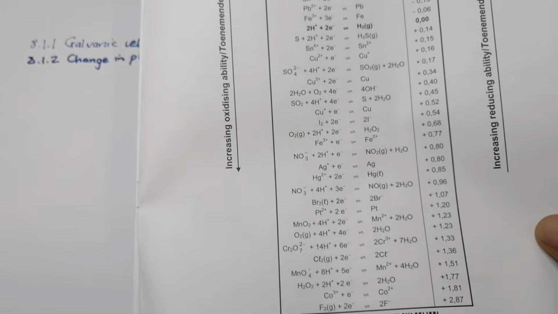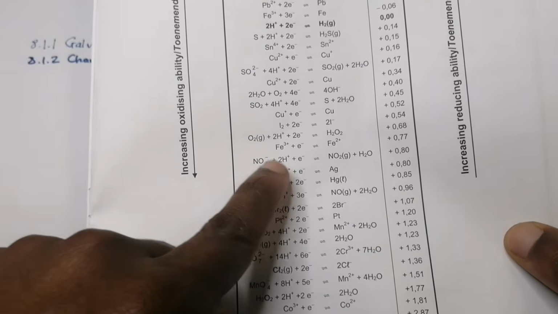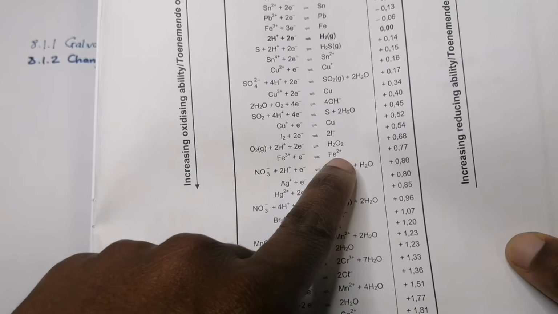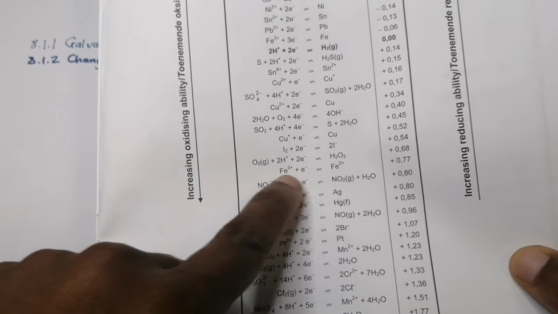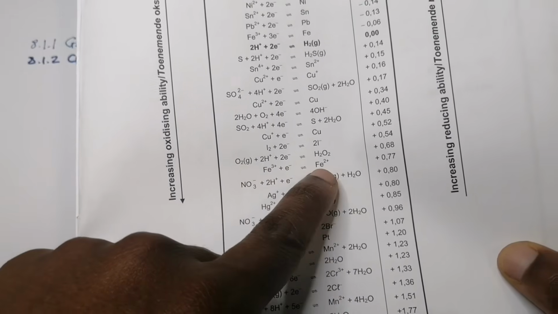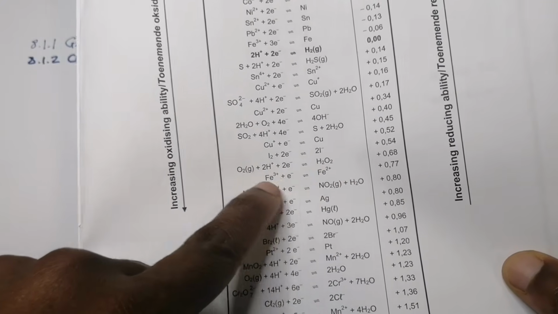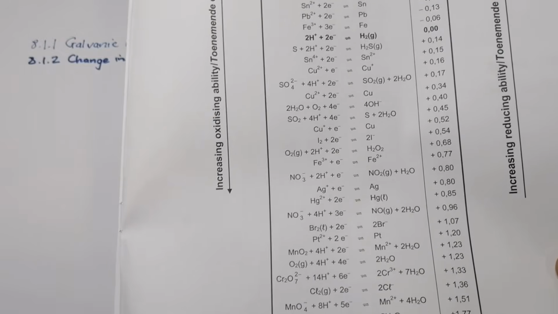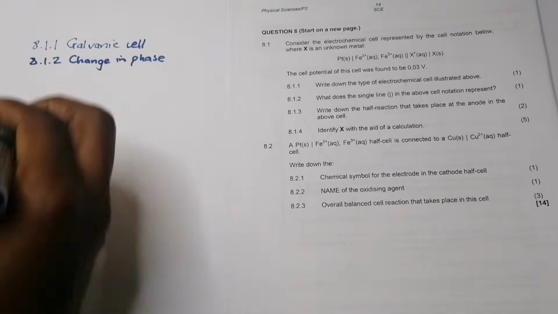So I'm going to take that half reaction that we got over there and write it the other way around. Remember, it's undergoing oxidation, it's losing electrons, so it's Fe2+ losing an electron and becoming Fe3+ by giving away 1 electron, and the cell potential is 0.77. They said write down the anode half reaction.